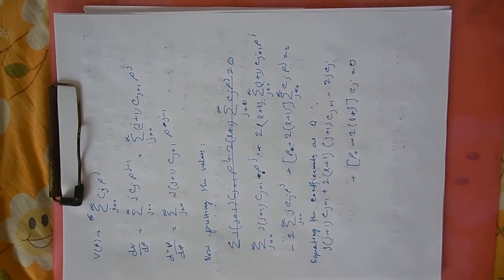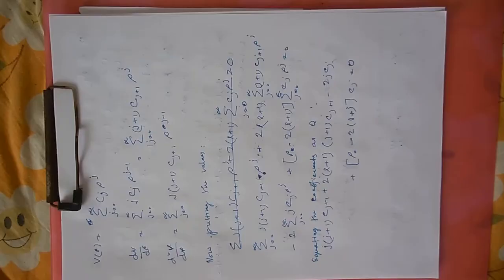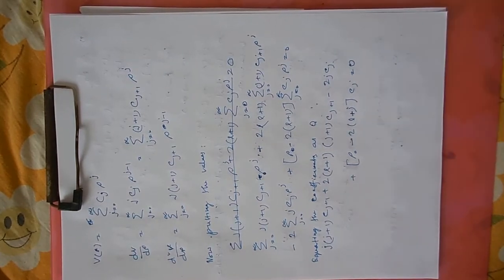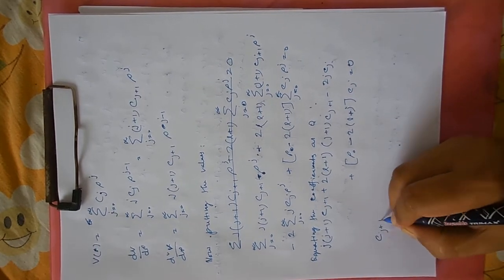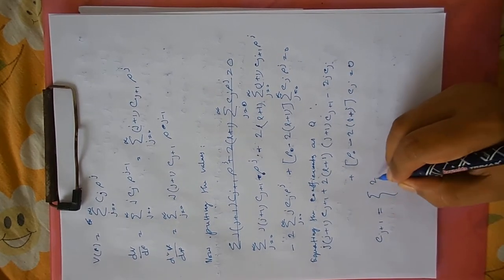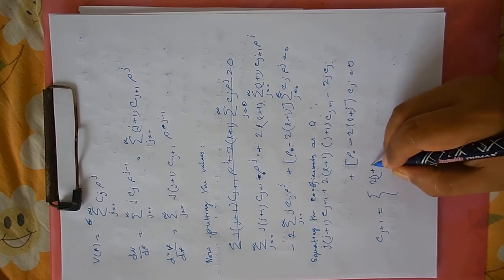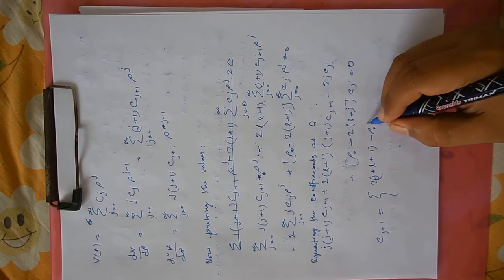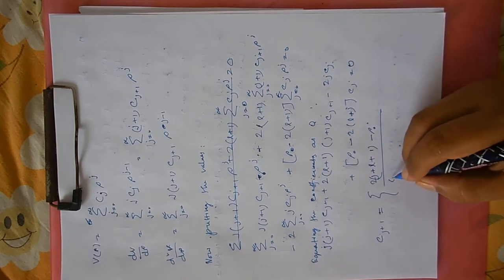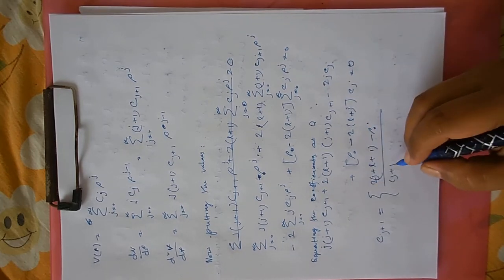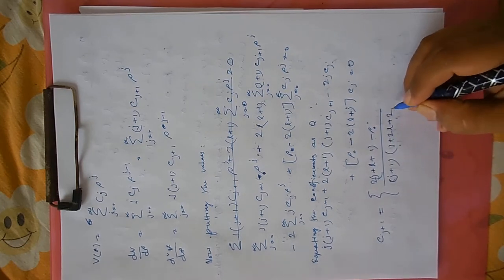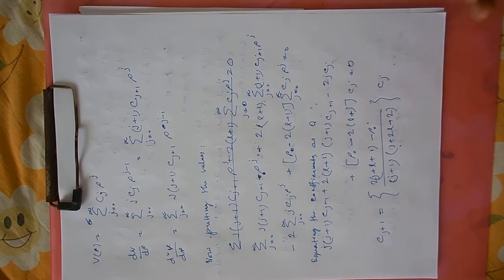From this equation we get the recursion relation: C(j+1) equals (2j + 2l + 2 - ρ0) divided by (j+1)(j + 2l + 2), times Cj.